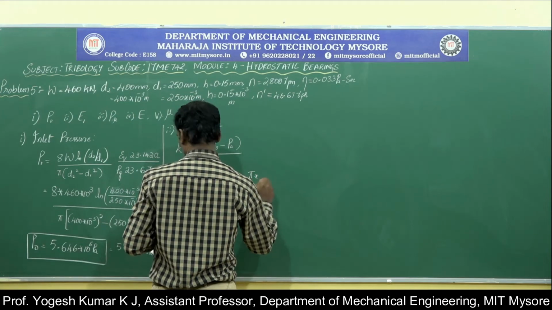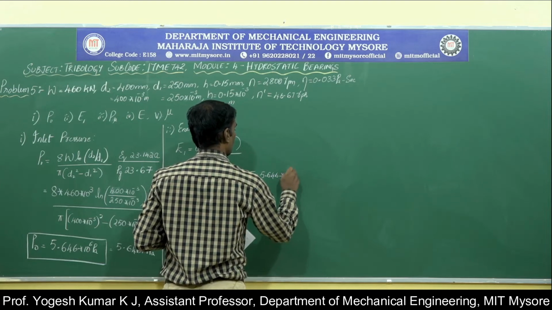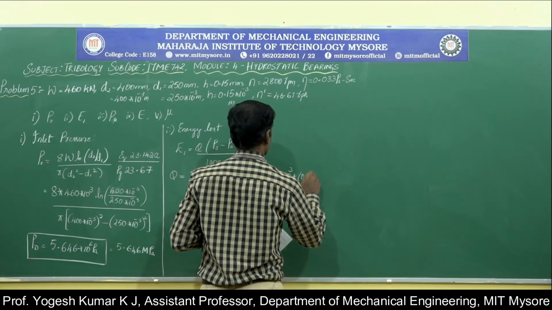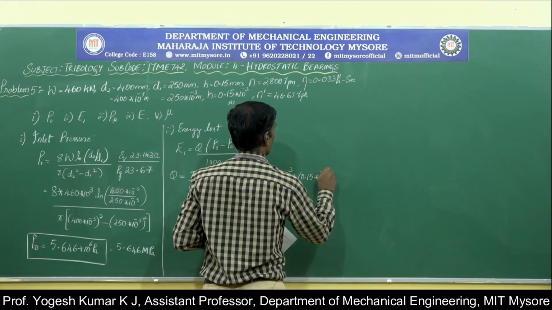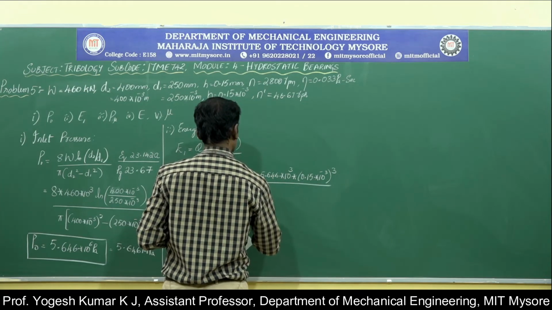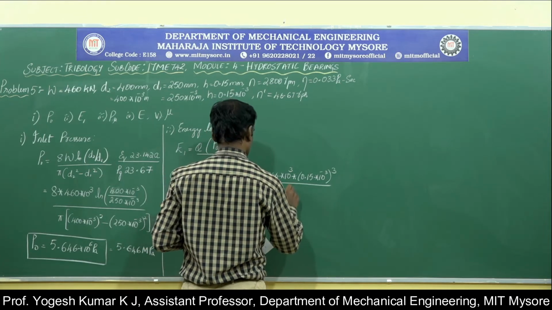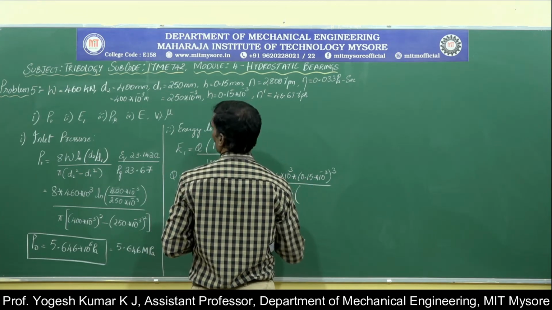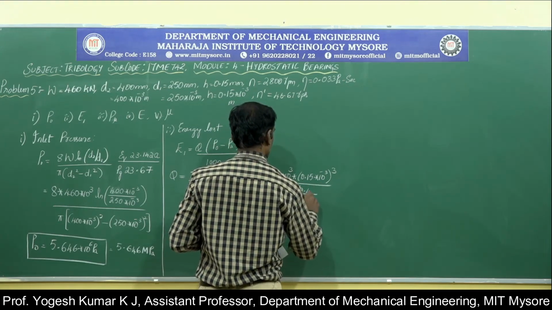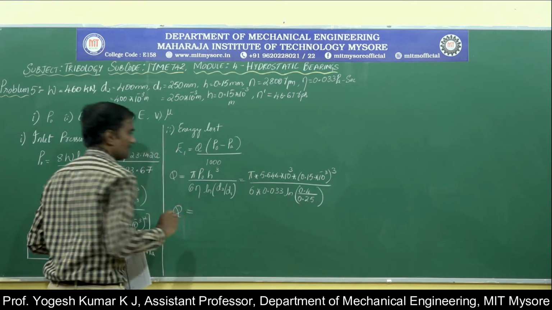Pi, P naught we got 5.646 into 10 power 6, H is 0.15 into 10 power minus 3 cube, divided by 6 eta, where viscosity is 0.033, natural log of d2 by d1, 0.4 meters by 0.25 meters.